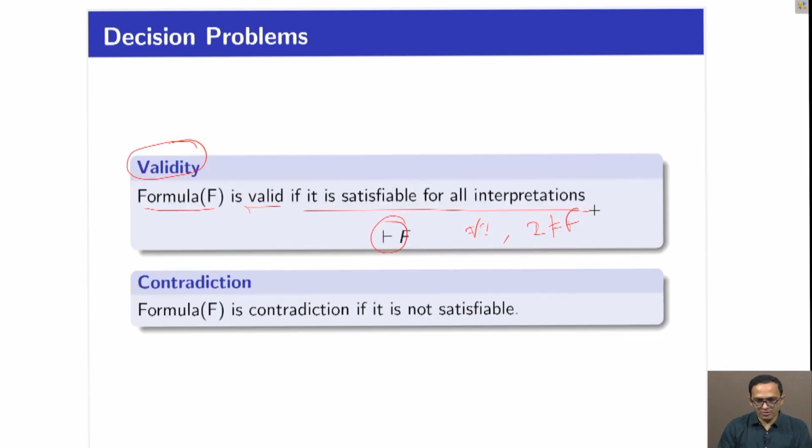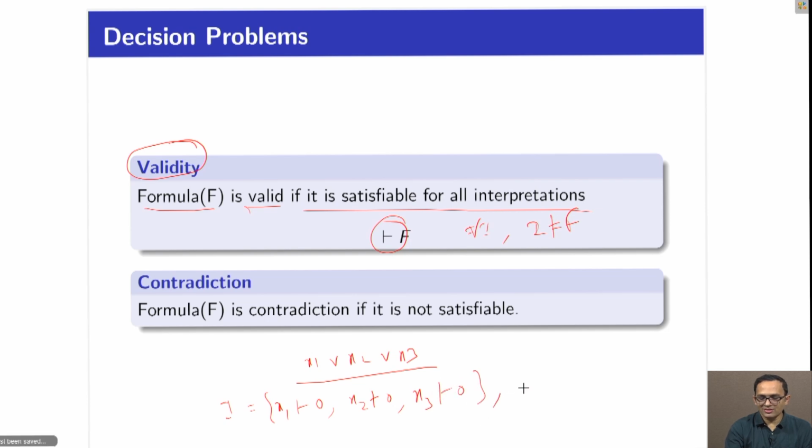So, if you take this formula, say x1 or x2 or x3, this formula is clearly not valid, right, because there is an interpretation where x1 is 0, x2 is 0, x3 is 0. So, under this interpretation the formula is false, this does not satisfy f, right.